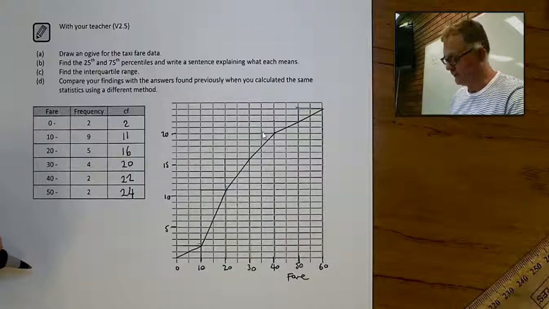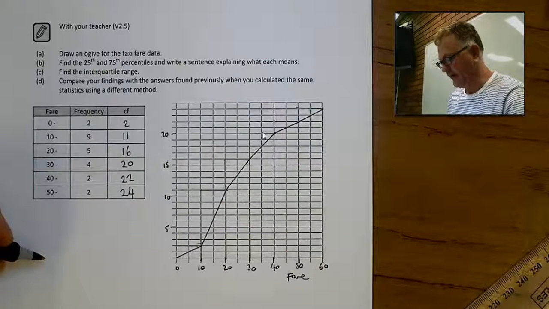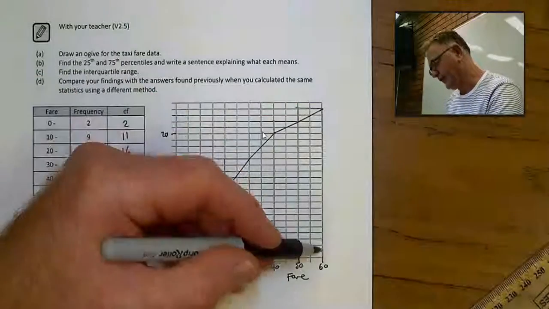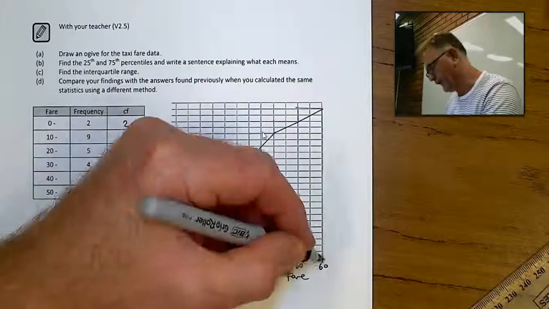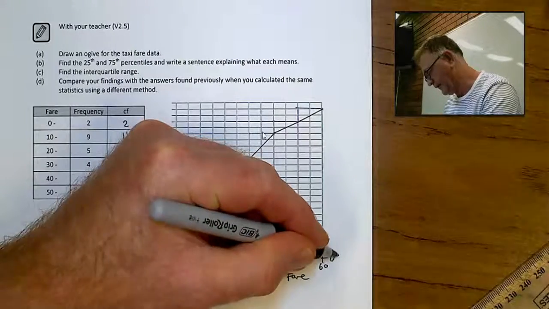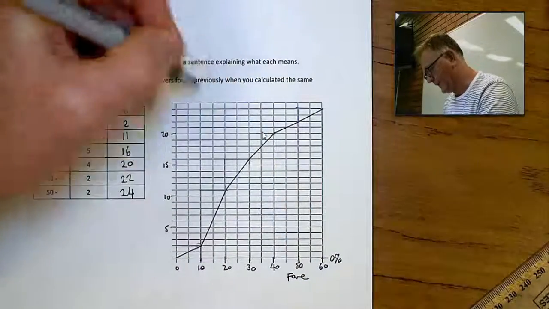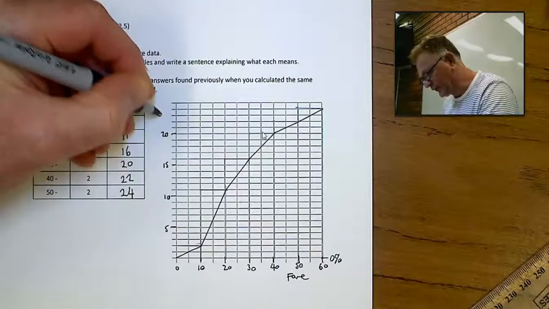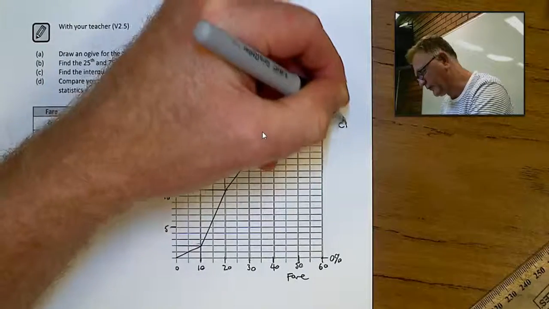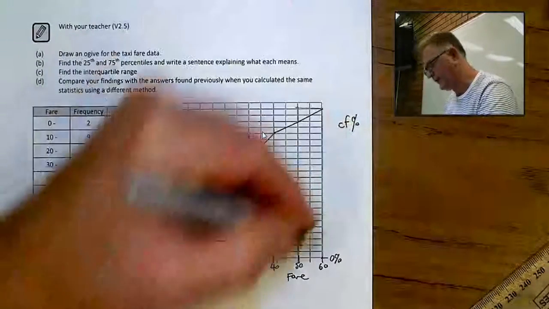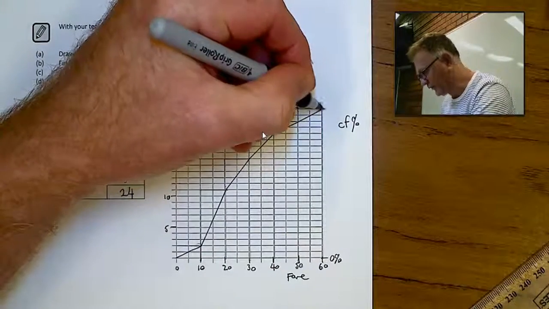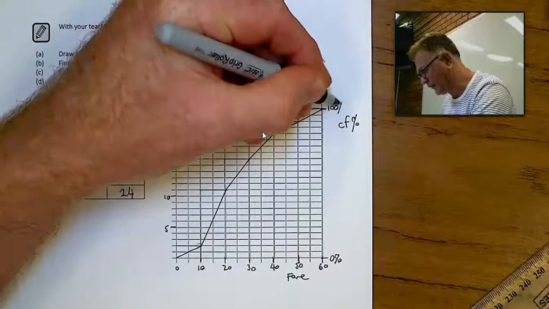Now we need to define this. It's a good idea to have a percentage axis. The percentage axis I'm going to put on this side of the graph. It starts at 0%, and don't forget to label, this is cumulative frequency. This is going to be cumulative frequency percent. Starts at 0, and the last score accounts for all of them, so that'll be 100%.